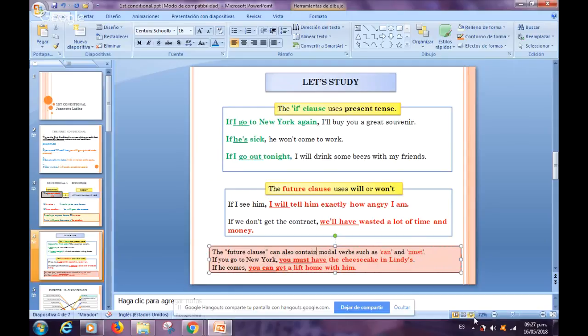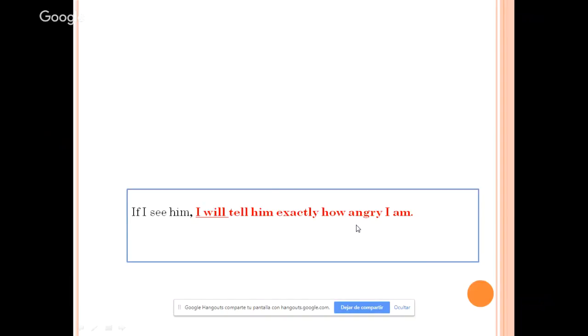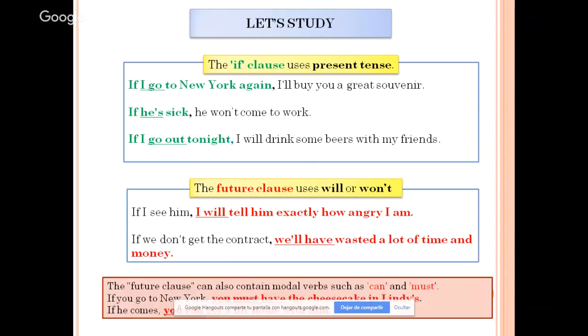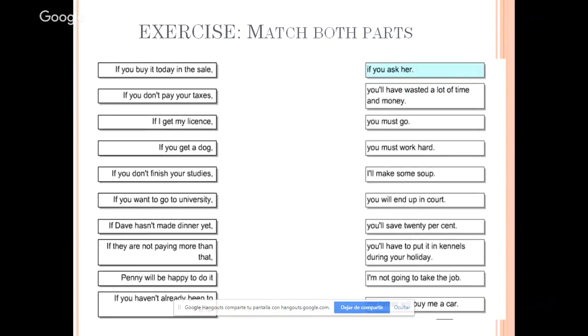Okay, so let's continue, but with a short practice. In this exercise, you have to match both parts of conditions and possible results. Conditions and possible results, right?